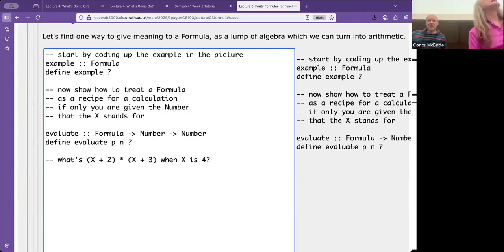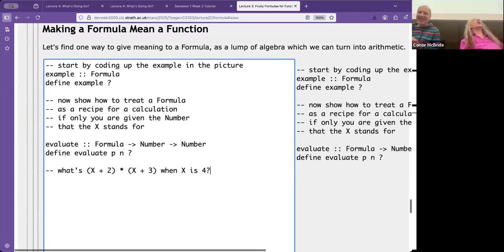What's the answer? 42. We're always trying to angle for the answer being 42. And if you don't know why we want 42, you'll probably eventually figure it out. Okay, so that's the game we're going to play, right?